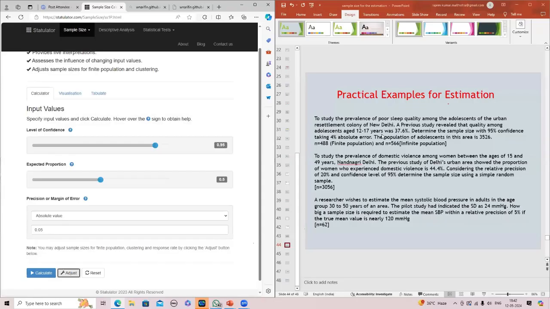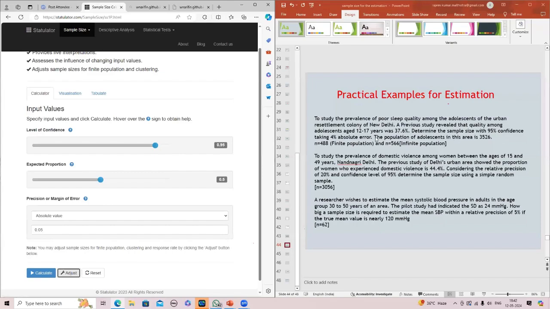A previous study revealed that the prevalence among adolescents of 12 to 17 years is about 37.6%. Then determine the sample size with 95% confidence level, taking 4% absolute error.